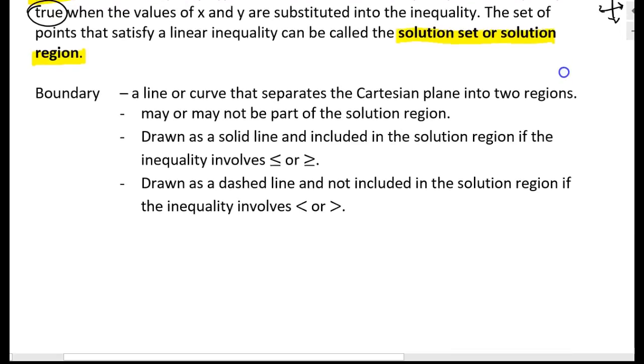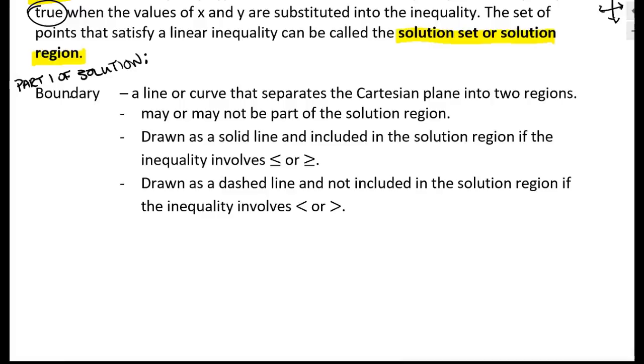So part 1 of our solution is our boundary. Okay, the boundary is our line or curve, once we get into quadratics, that separates our Cartesian plane into 2 sections.